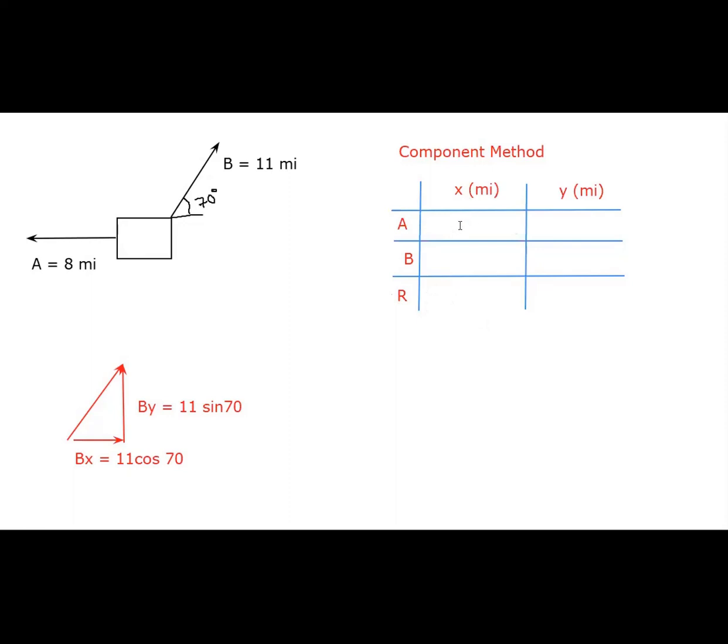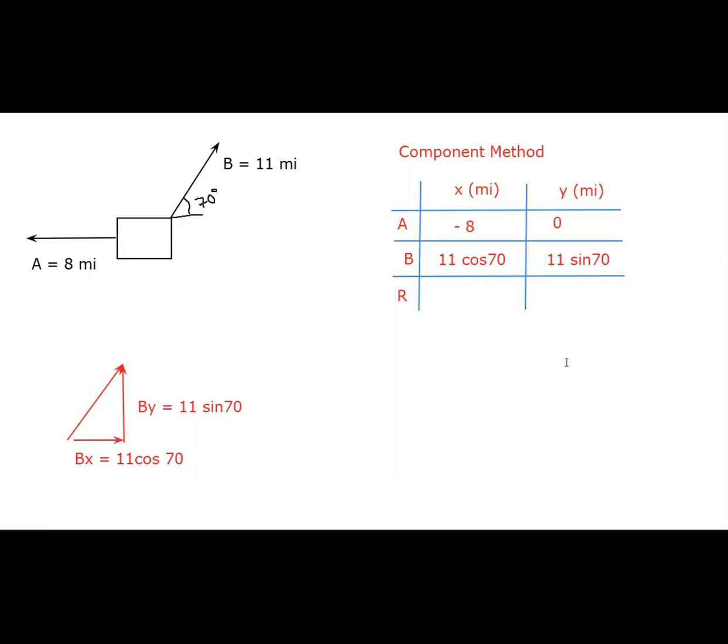So AX, we can see over there, is -8, and AY is 0. BX, which we have down there at the bottom, BX is 11 cosine 70, and BY is 11 sine of 70.